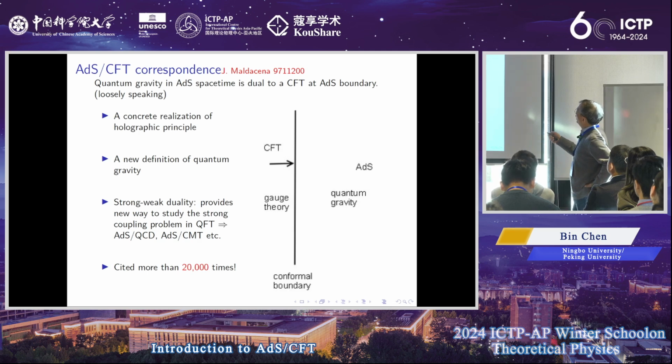If the CFT side is at strong coupling, it is equivalent to gravity at weak coupling, and vice versa. If we want to study a strong coupling problem in quantum gravity, we can apply weakly coupled field theory.